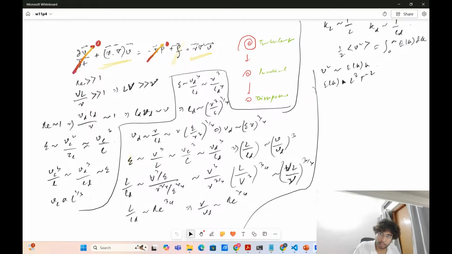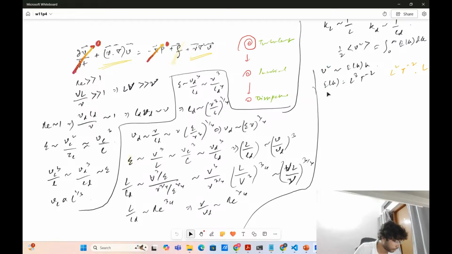V is L t to the power of minus 1. So V square is L square t to the power of minus 2, divided by K, and K is 1 by L. So into L, right? So that is L cubed t to the power of minus 2. So we just get the dimension of E(k) from here.